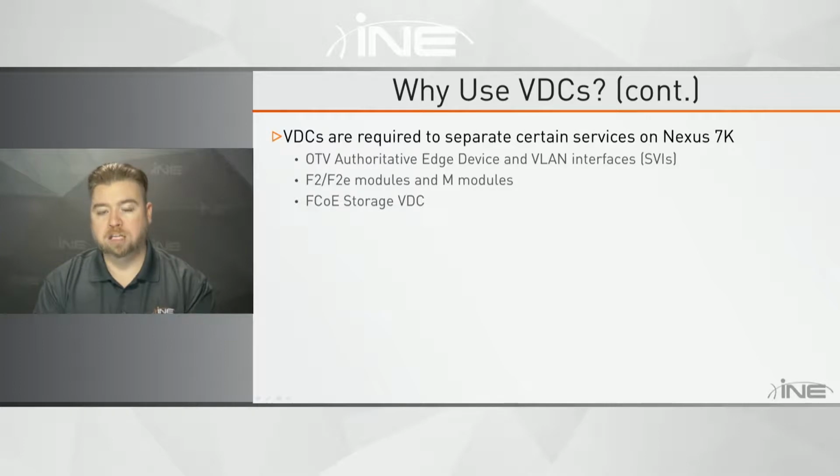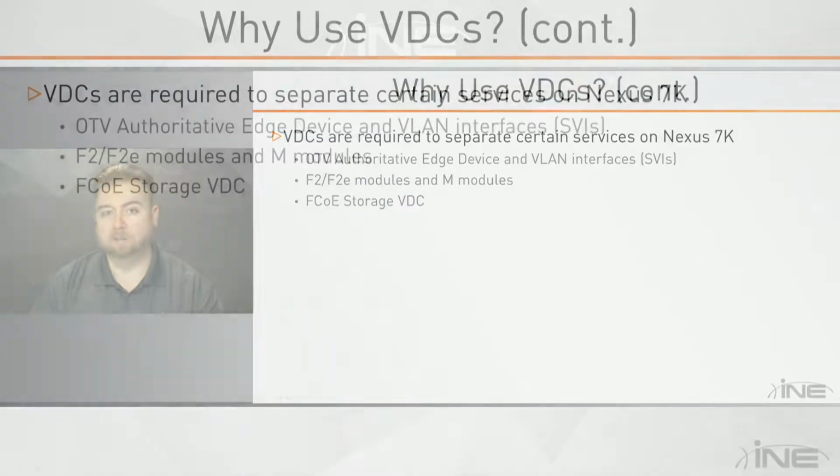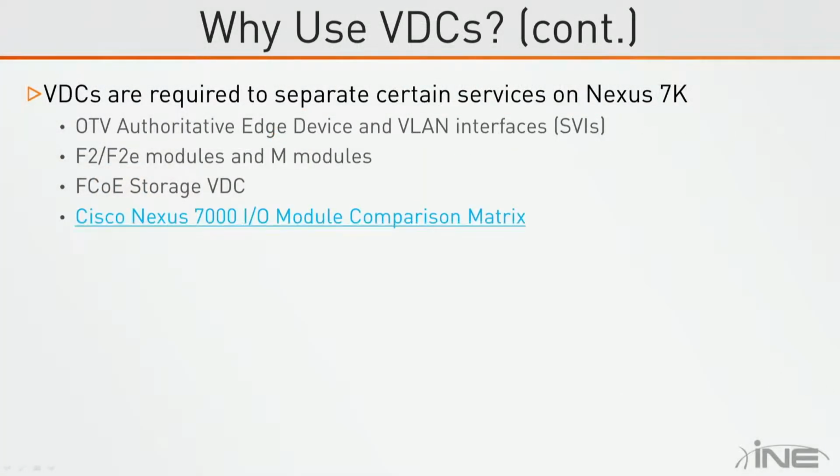So if you are implementing this in production, or maybe you have an older chassis with older cards and you want to upgrade it to newer cards, upgrade it to newer code versions, you do need to be aware that not all of these modules and not all of the OS versions are supported at the same time in the same context.